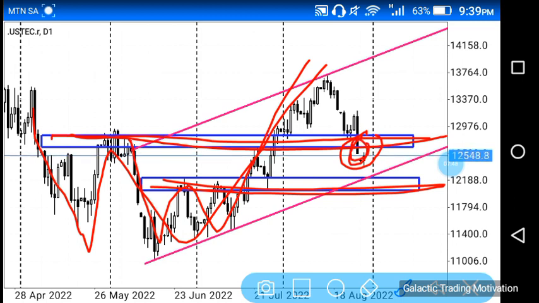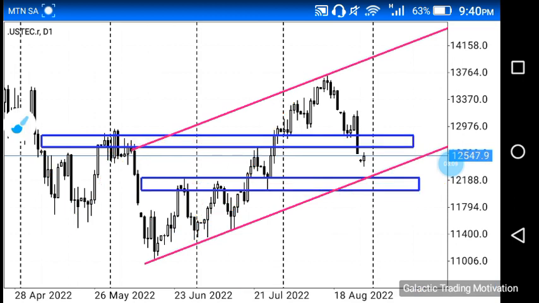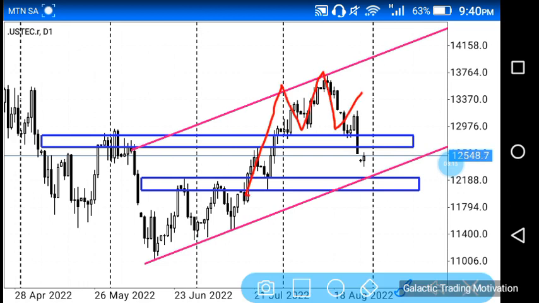However, it is still very much relevant because, as I said to you guys, necklines are areas and not actual lines. To add to that, we also have this neckline over here of this W structure, and we might possibly get a rejection at this side, or rather a bounce at this level here, and price may push further up, right?